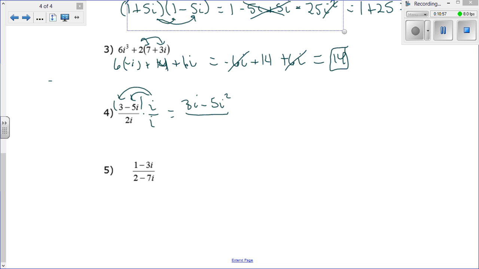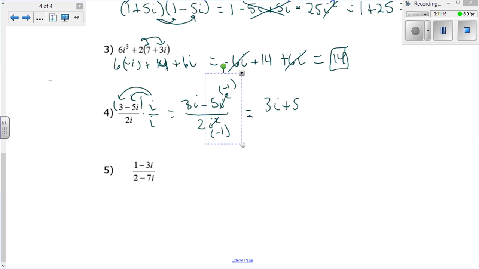And in the denominator, I end up with 2i squared. But we said i squared was negative 1. So I end up with a positive 5. So it's 3i plus 5 all over a negative 2. In a plus bi form, we need to switch it and put it as 5 plus 3i over negative 2.